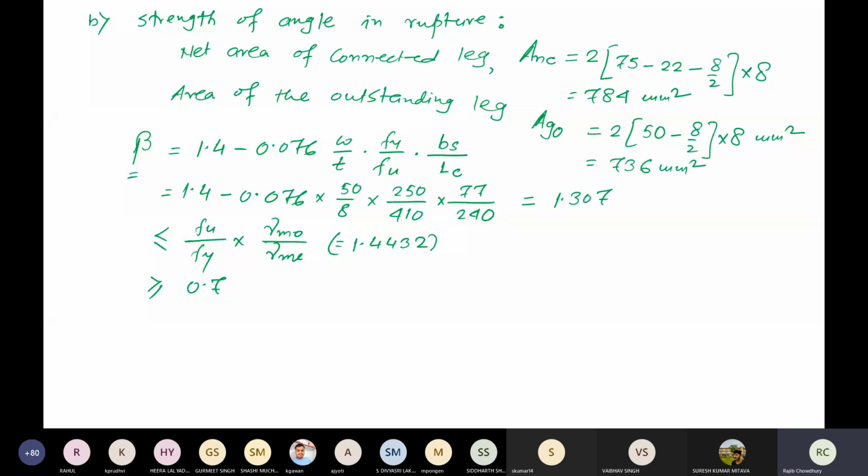So after that, what am I going to calculate? I am going to calculate the design strength of this particular connection, which is coming due to the failure event due to the rupture.